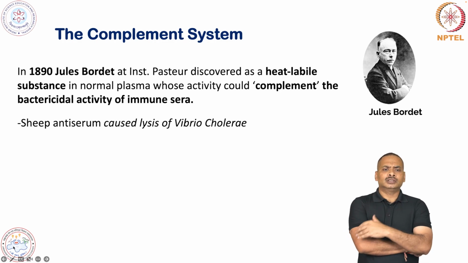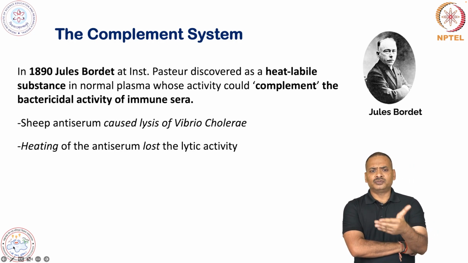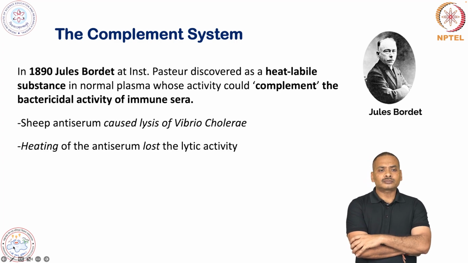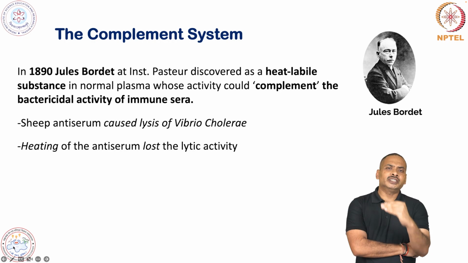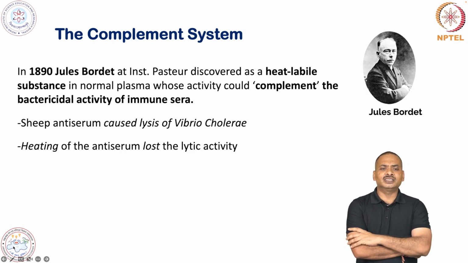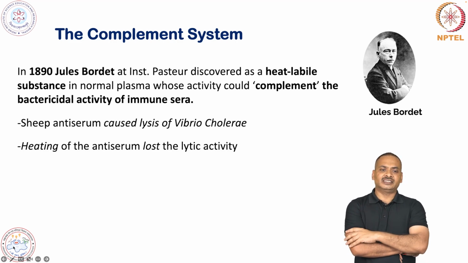He also showed this phenomenon in sheep, and the way I have explained, he performed this experiment using sheep antiserum. He showed that if you heat the serum at a particular temperature, that is 55 degrees centigrade, then the serum will lose its lytic activity.